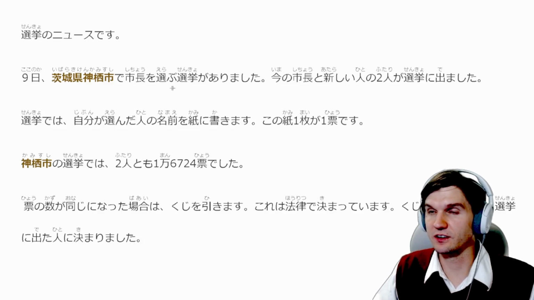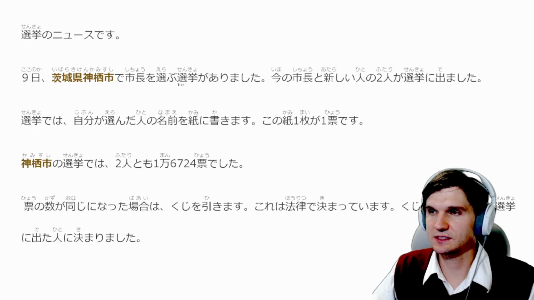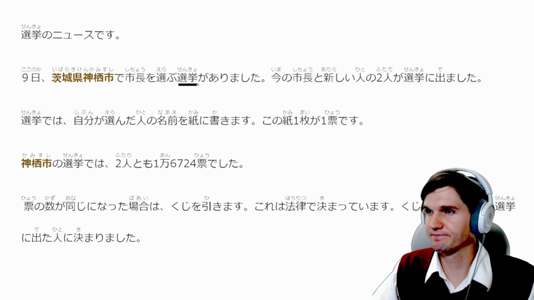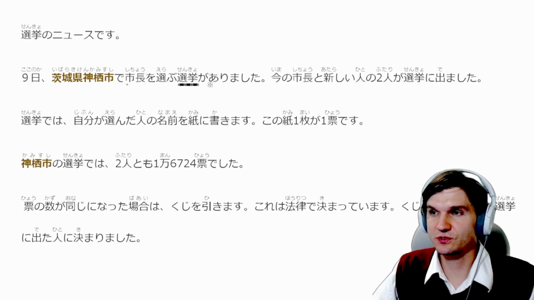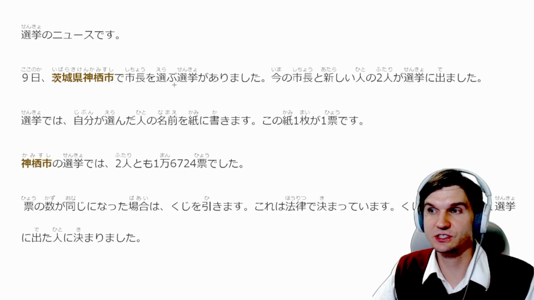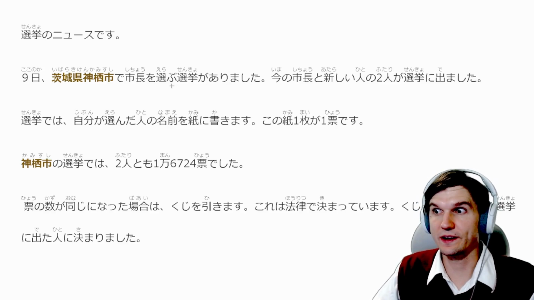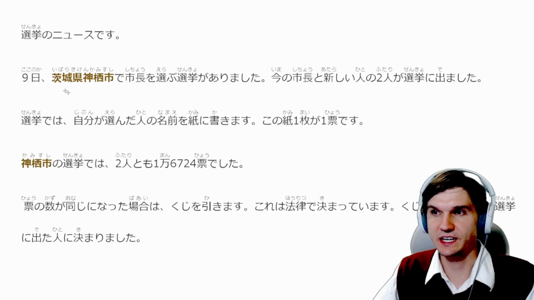Just like in our headline here, we have 選挙, election, and elections for 市長を選ぶ. So 市長を選ぶ選挙, elections for selecting the mayor, がありました. So がある in the past tense, so existed, or they had. So yesterday on the 9th, they had elections for selecting the mayor in Ibaraki Prefecture, Kamisu City.